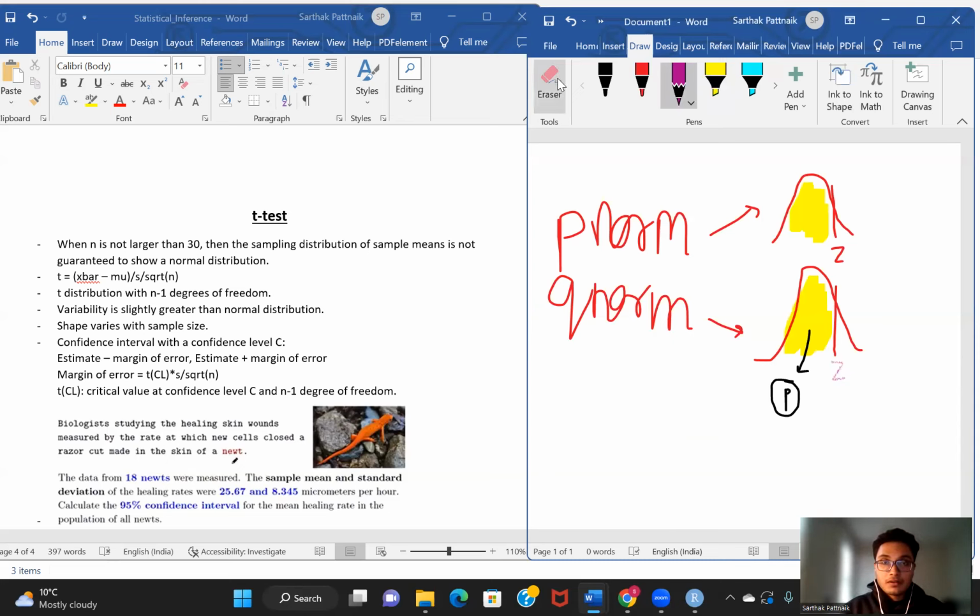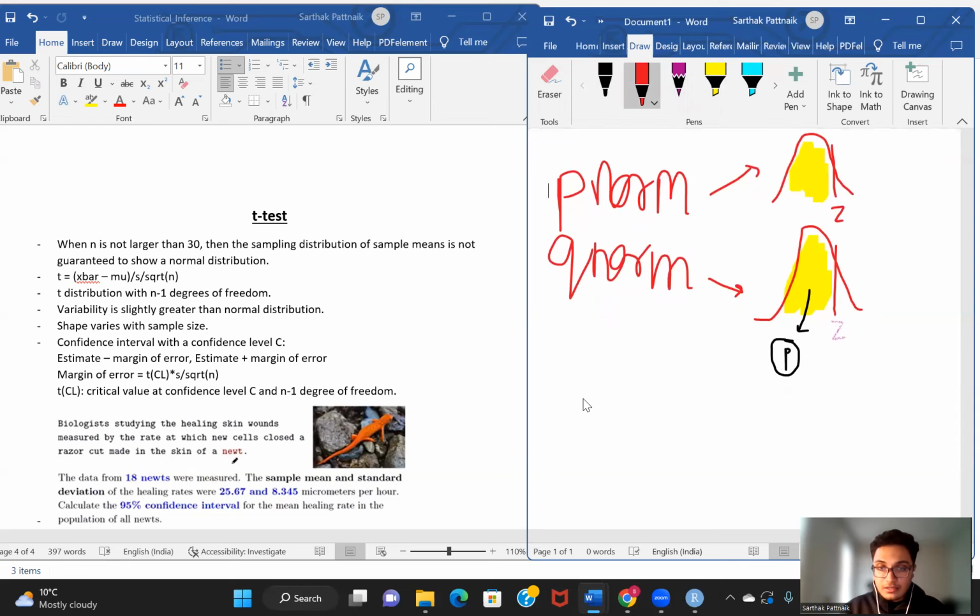So for t-test, we have something very similar. We have a function called pt and we have a function called qt. Now pt does the same functionality as p-norm.